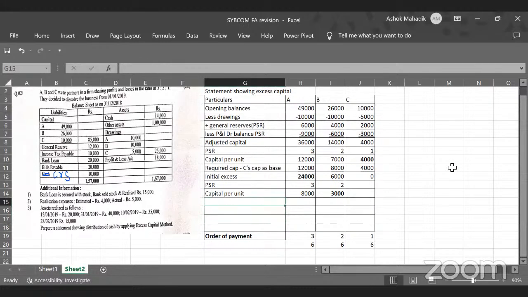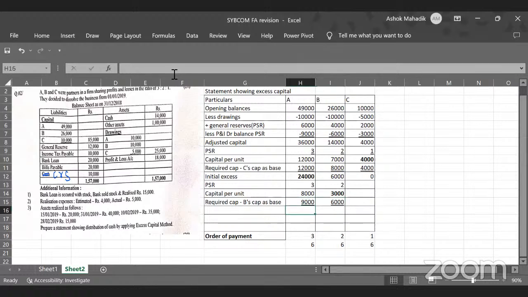So accordingly, our required capital will be, taking B's capital as base, 3,000 into 3, 9,000. 3,000 into 2, 6,000. Okay. The capital which is taken as base will always become 0. So let us see now.